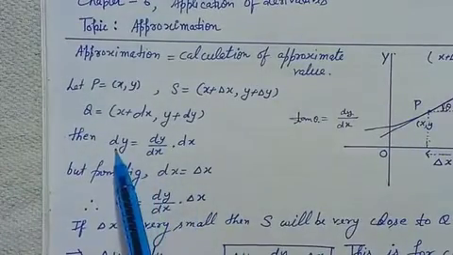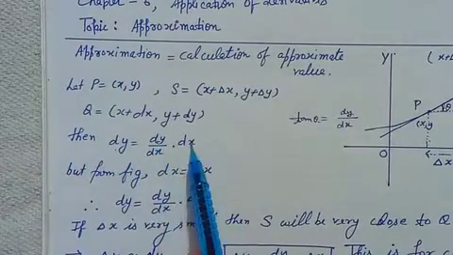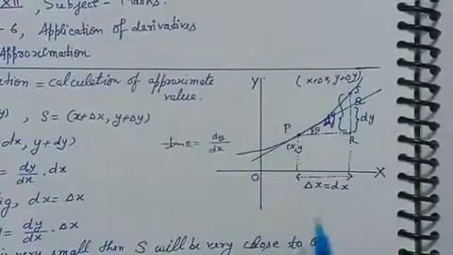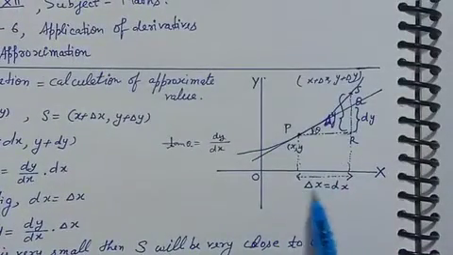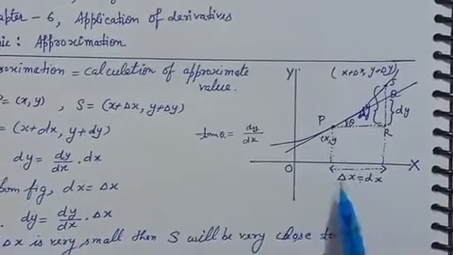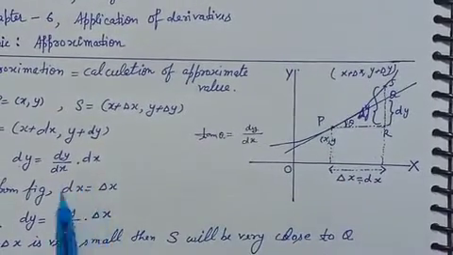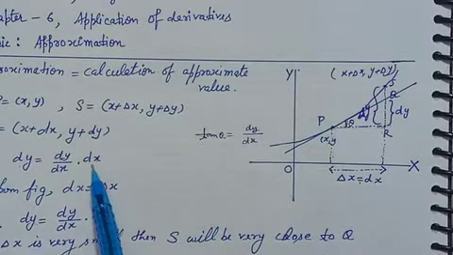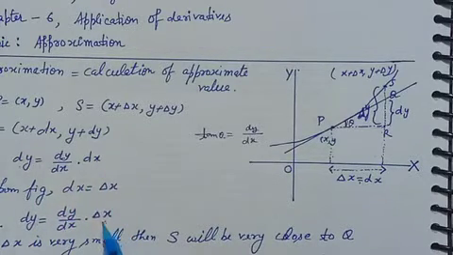We can write dy equal to dy by dx into dx, but from the figure delta x equal dx, so dx can be replaced by delta x. So this dy equal to dy by dx, and dx is being replaced by delta x.